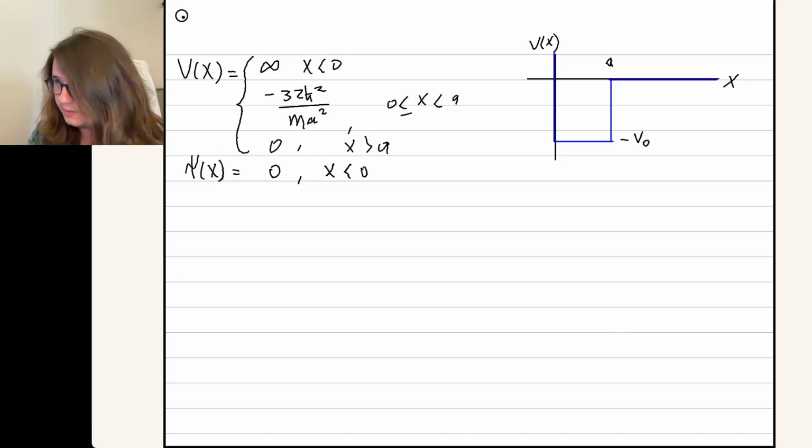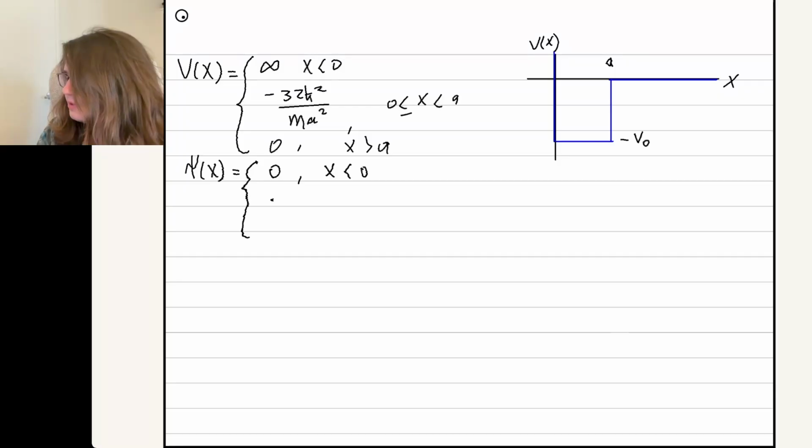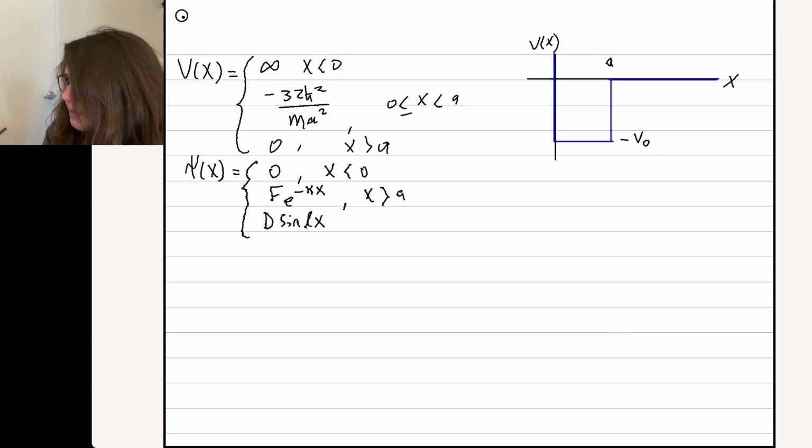That means you can only admit the odd solutions, because the odd solutions are the ones that cross 0 at x equals 0. Those odd solutions were in a couple of different regions: f e to the minus kappa x for x greater than a, and d sine lx for 0 less than x less than a.